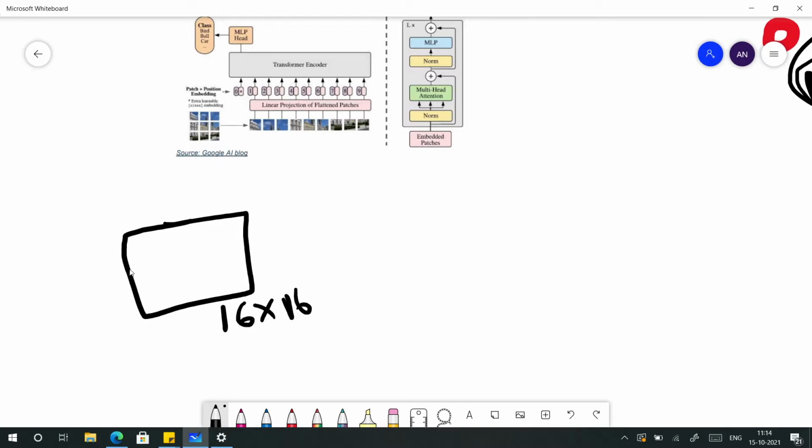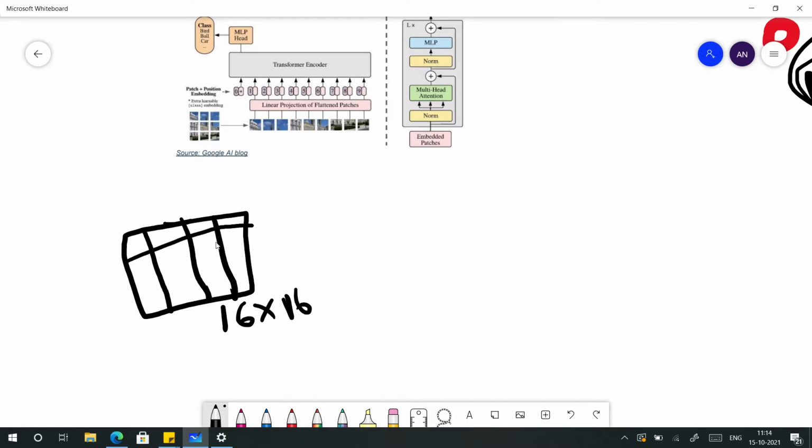What is the difference between this algorithm and the NLP transformer is that there they took the sentence, divided it into words, embedded the words and position encoded them. Here the image will be divided into patches.